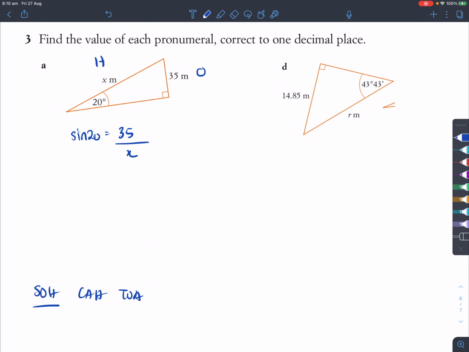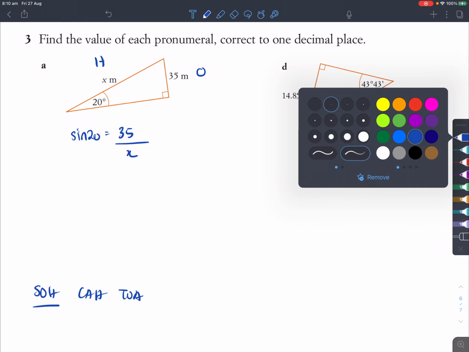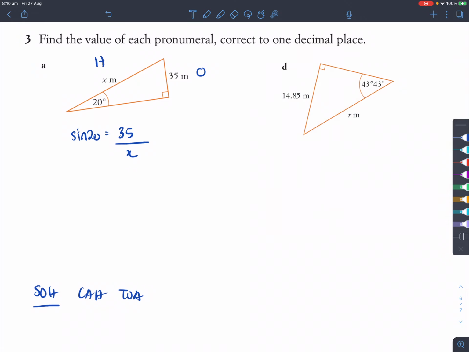Okay. Now, remember what we used to do. We've done this last year as well in year 9, and we've had to basically swap the x and the sine 20 around when x is on the denominator. So we're going to swap these around. We're allowed to do that only when the x is on the denominator.